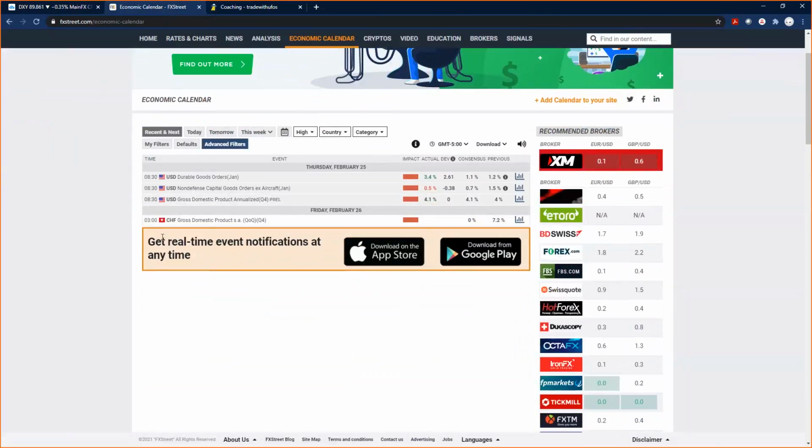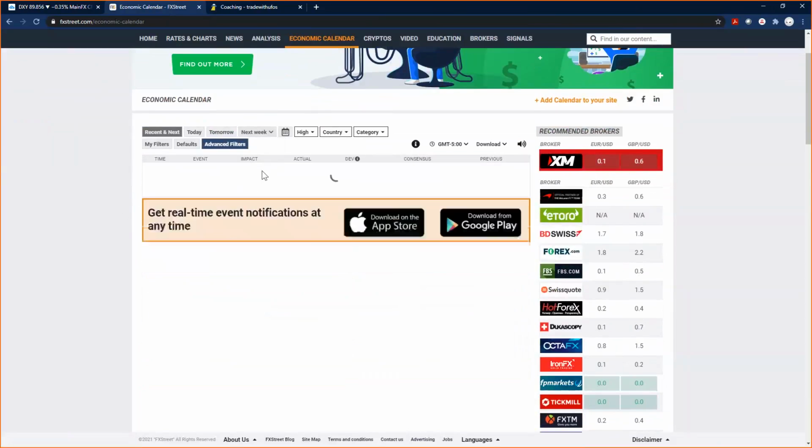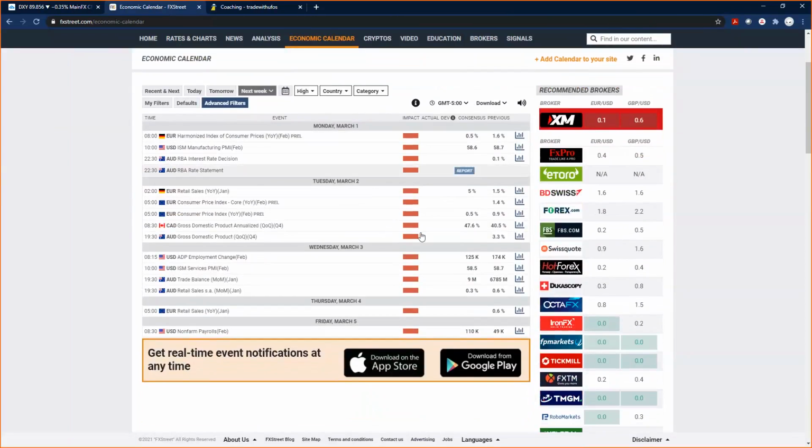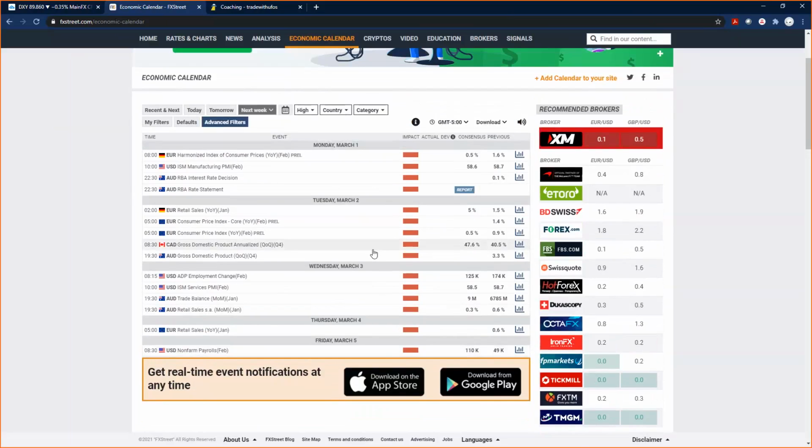Tomorrow is the Swiss durable goods, and then next week is a new month, and therefore the important things showing up are, of course, non-farm payrolls, the ADP number on the Wednesday prior to that Friday, and a lot of interest rate news for Australia coming out.